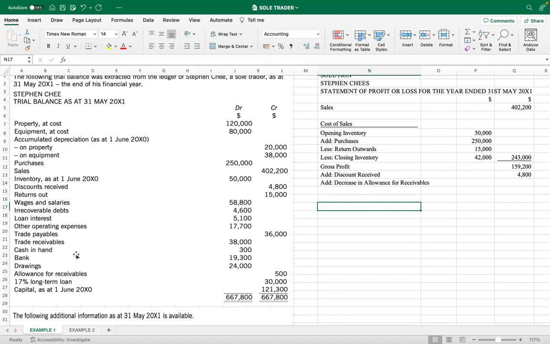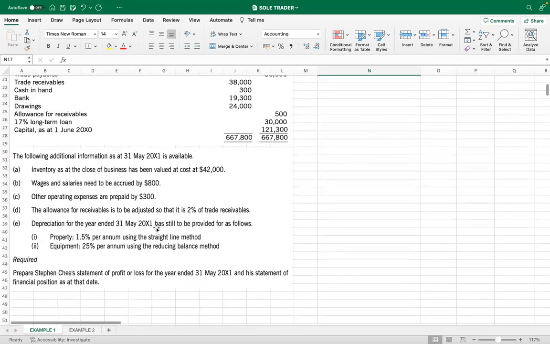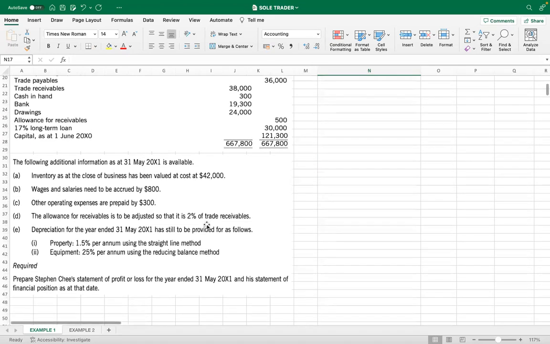Okay. Now let's check allowance for receivables in the trial balance. It is 500. So we compare 500, which is the opening allowance, to the additional information. Look here in the additional information, the allowance for receivables. Remember, opening allowance is 500, and you are being told closing allowance for receivables is to be adjusted to 2% of trade receivables.